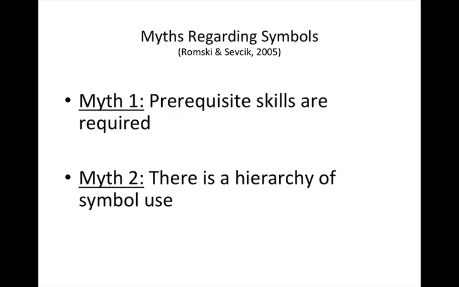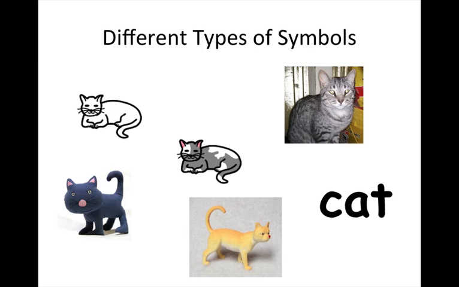This hierarchy suggested that first students would be able to use real objects or the real item in order to communicate, that we could then move on to miniatures followed by photographs and colored pictures and black and white line drawings, and eventually move to words.